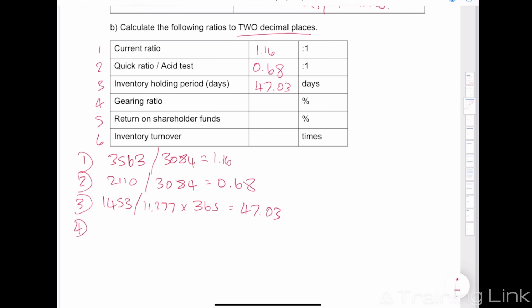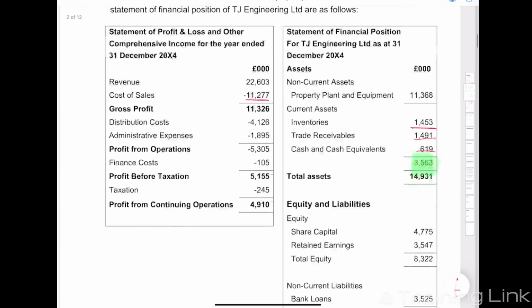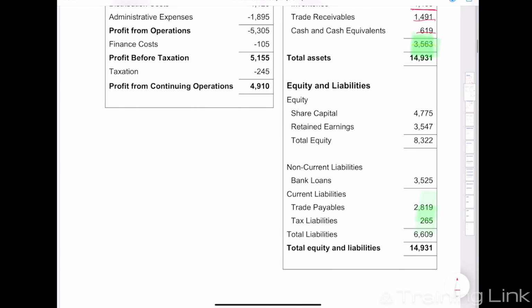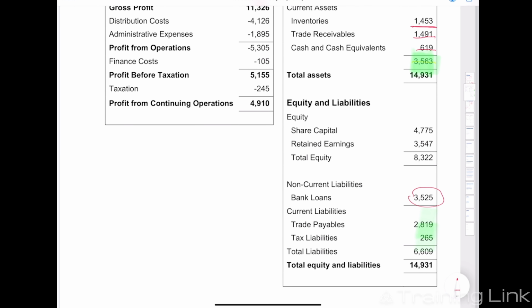Gearing ratio then. It's your non-current liabilities, which in this case will be your bank loans, over your bank loan figure again, but plus equity, which is stated here.